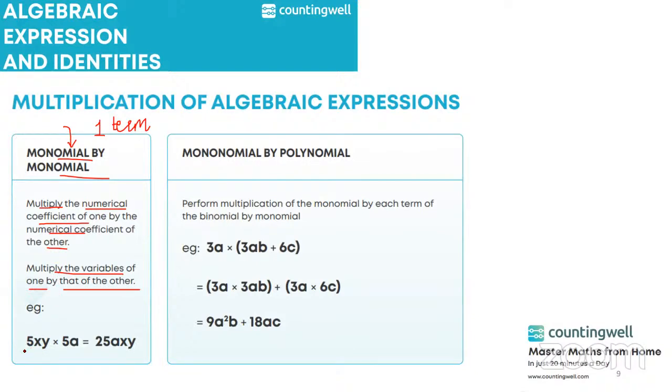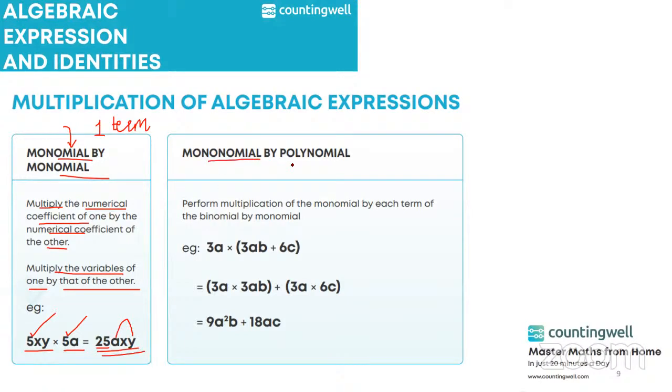The numerical coefficient for the term 5xy is 5. The numerical coefficient for 5a is 5. So 5 into 5 will give you 25. Then we multiply the variables. So we have x into y here and a for the second term. So we have axy.